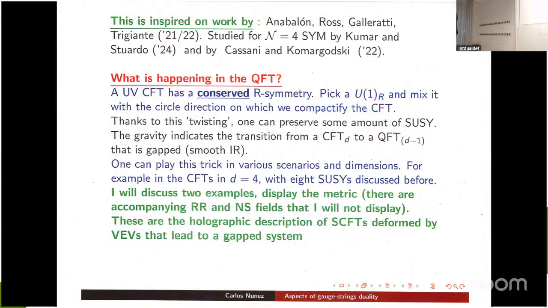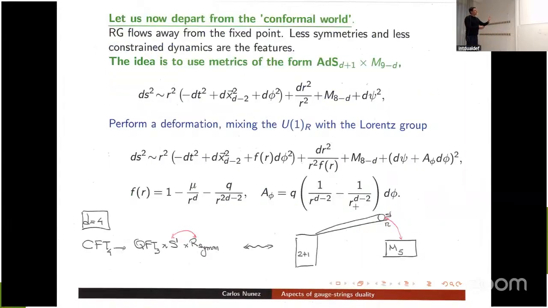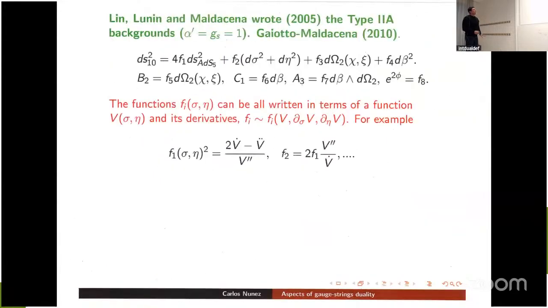All right. So what I'm going to show you now are just two metrics. I will quickly flash them. For orientation, and I know many of you are not into these things, let me try to be a bit clear. Let me consider the backgrounds of the conformal theory.